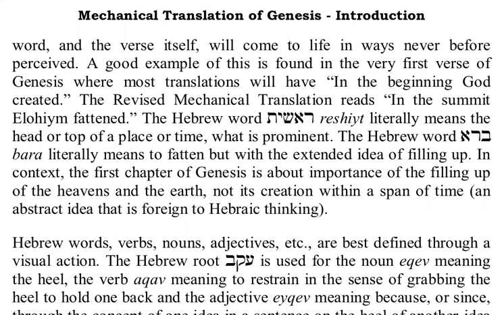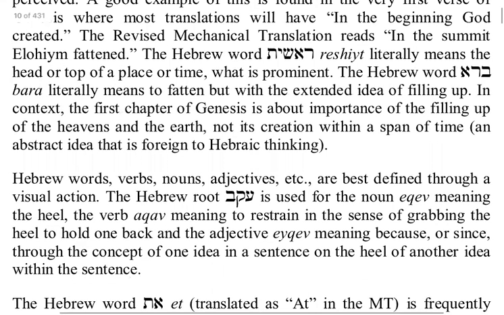A good example of this is found in the very first verse of Genesis, where most translations will have, "In the beginning, God created." The Revised Mechanical Translation reads, "In the summit, Elohim fattened." So, let's see. The Hebrew word reshit literally means the head or top of a place or time.